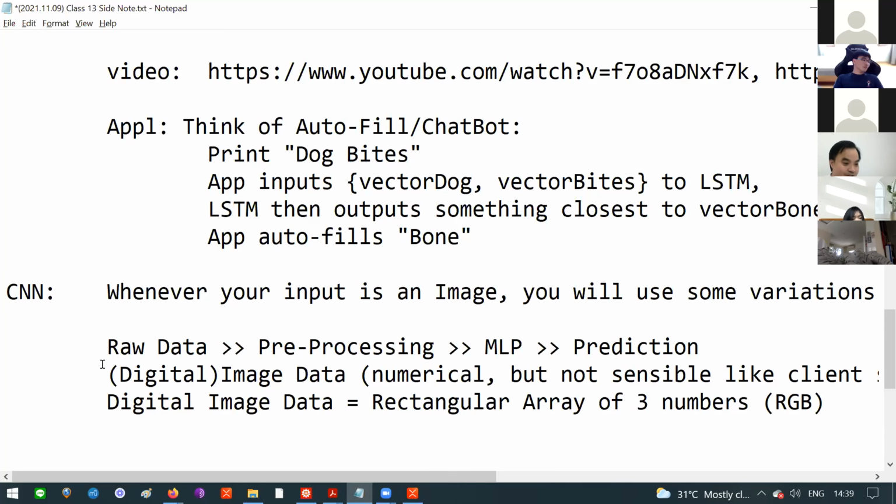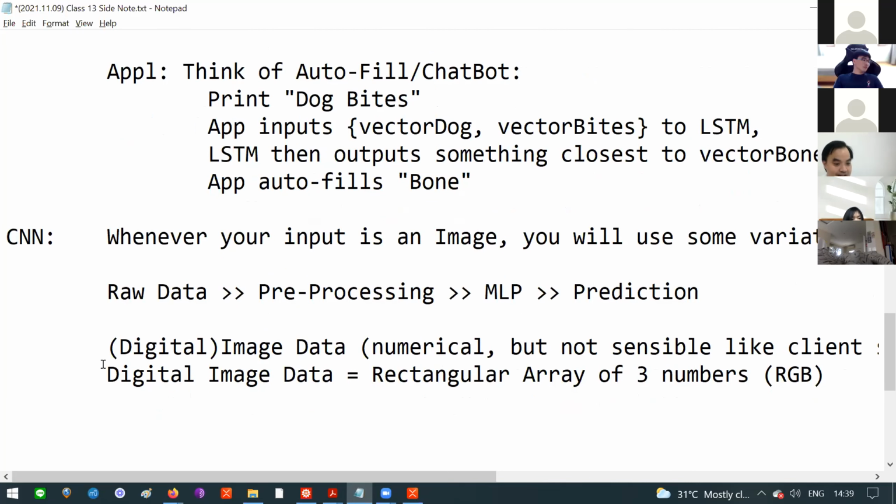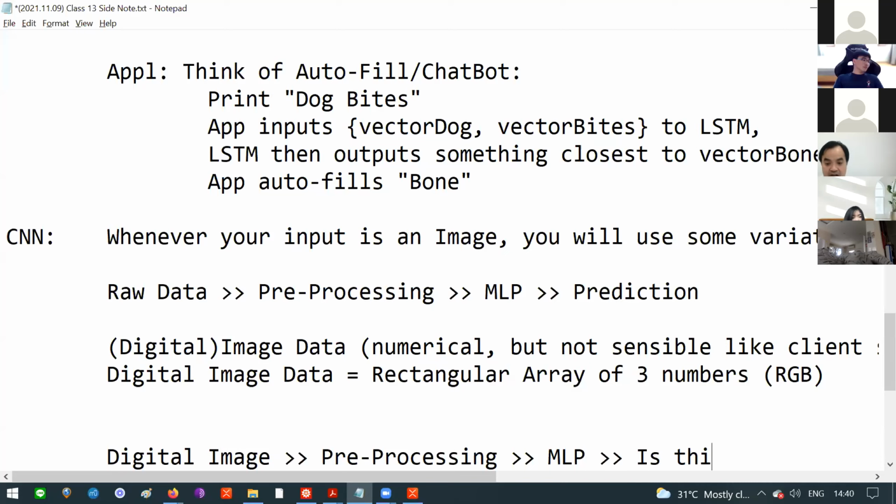So what I want to do here is, likewise, digital image processing and NLP. This is a cat. I want to do this.